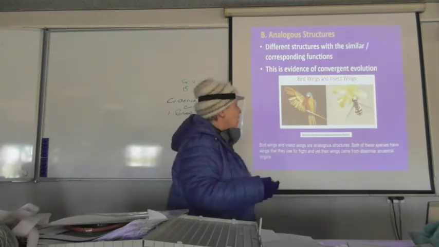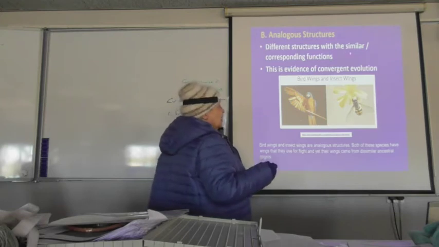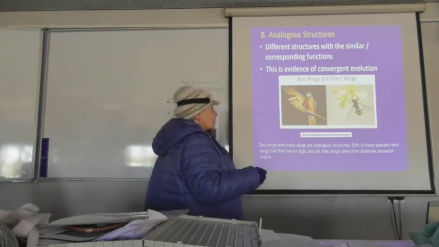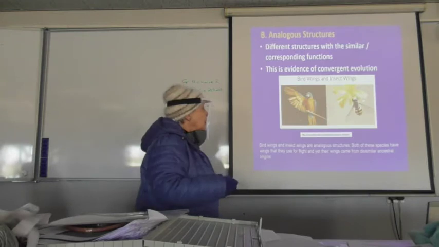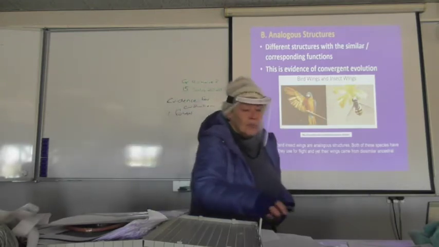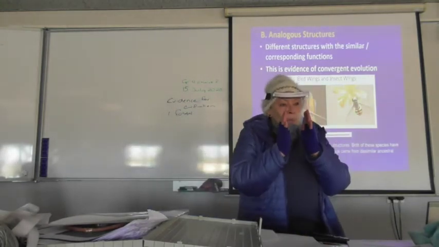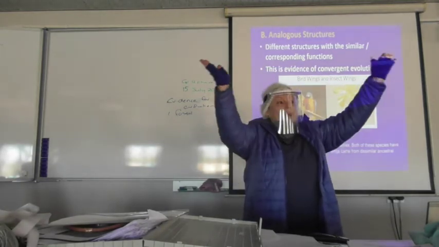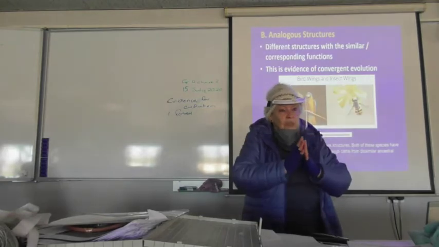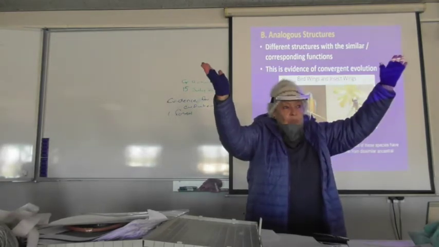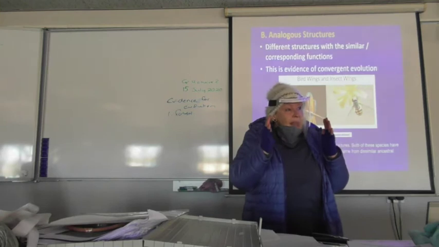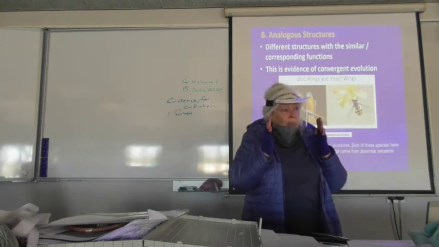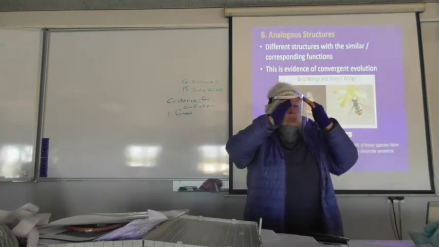Okay. All right. So now, and you have to understand this, so listen to me while I explain it to you. Remember, homologous structures, evidence of divergent evolution. Homologous structures, divergent evolution. Analogous structures, evidence of convergent evolution.